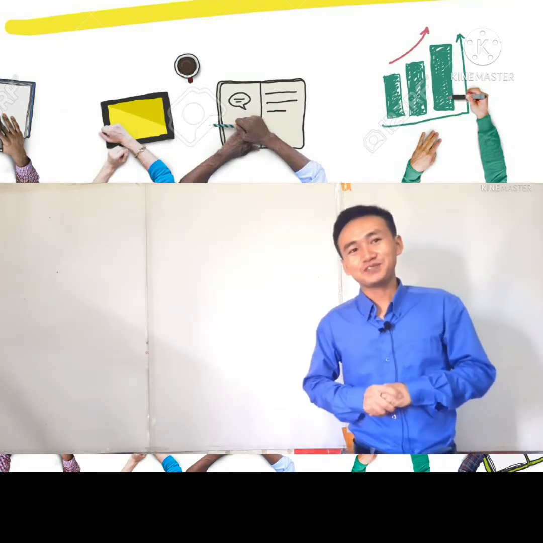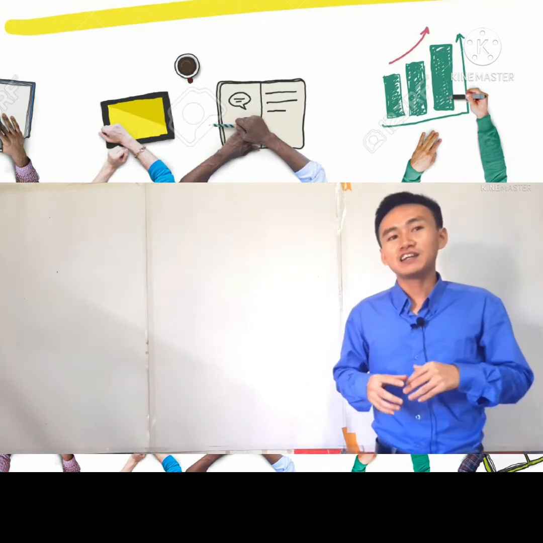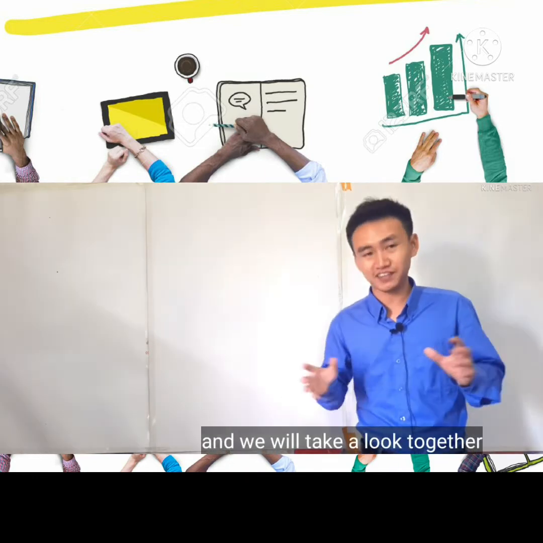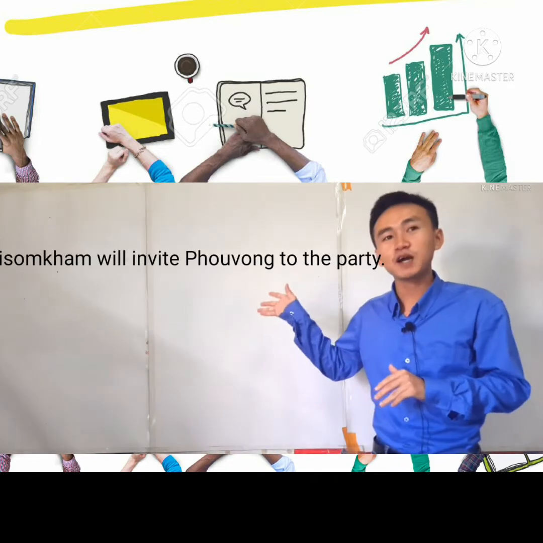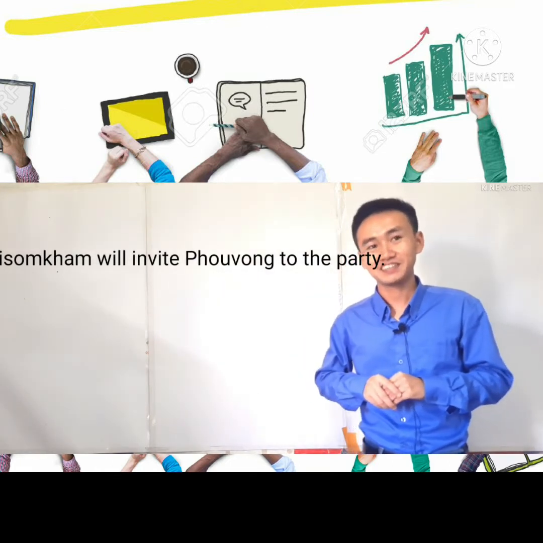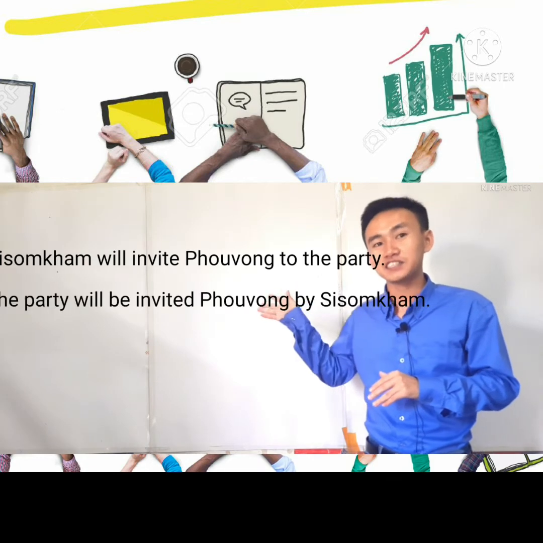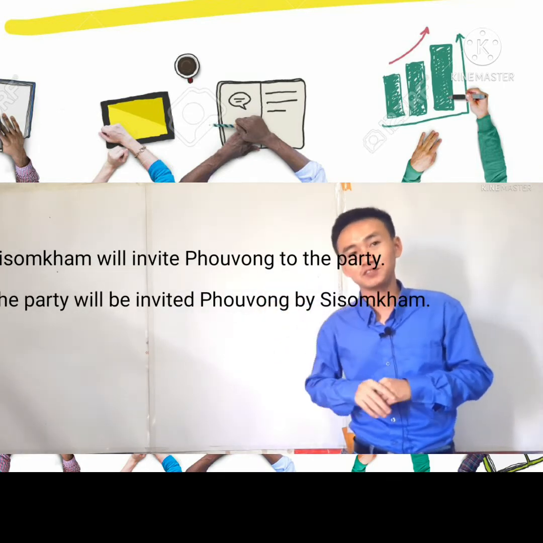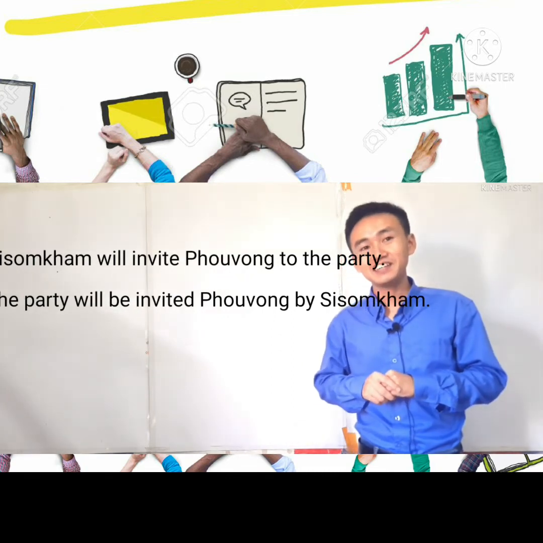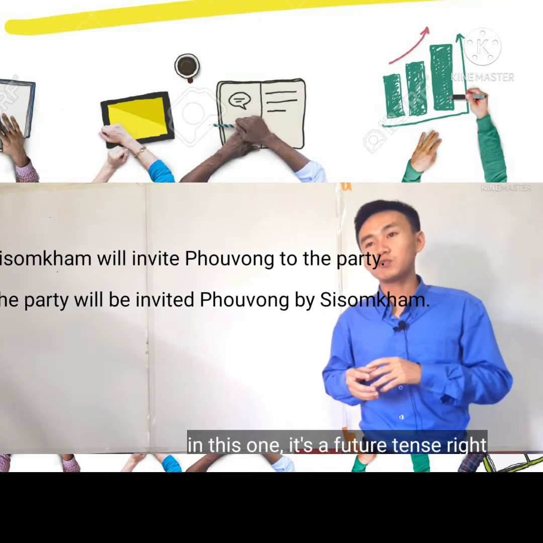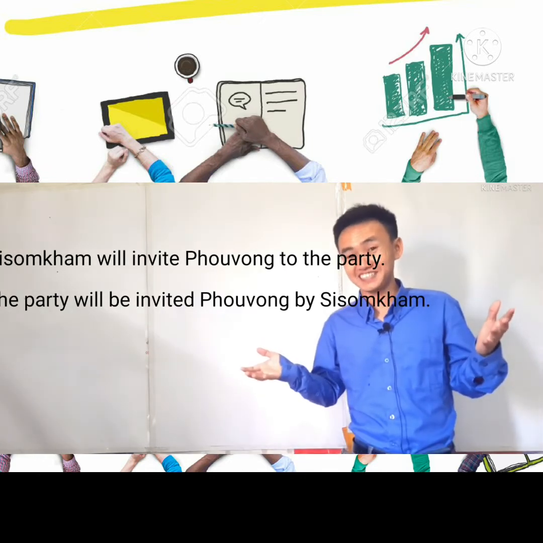Good, you got that? So, let's move on to the first one, and we'll take a look together. Sai Songkham will invite Po Wong to the party. The party will be invited Po Wong by Sai Songkham. In this one, it's a future tense, right?